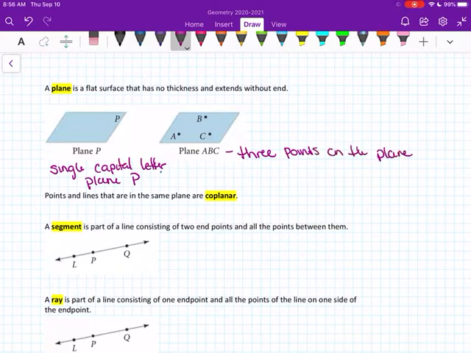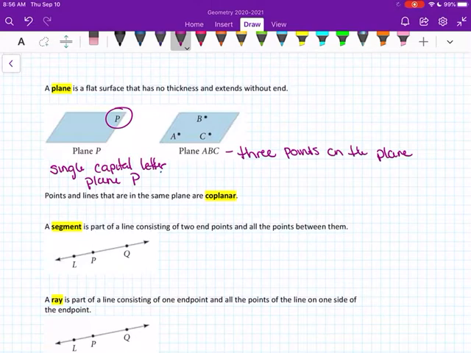And how we know that they're points and not the single letter is because they have dots next to them. So if you see this P here doesn't have a dot next to it, that's how I know it's not a point. It's talking about the plane itself. And most of the time those capital letters might be italicized where the point letters aren't. So they'll be in a different font maybe, so they'll look a little different.